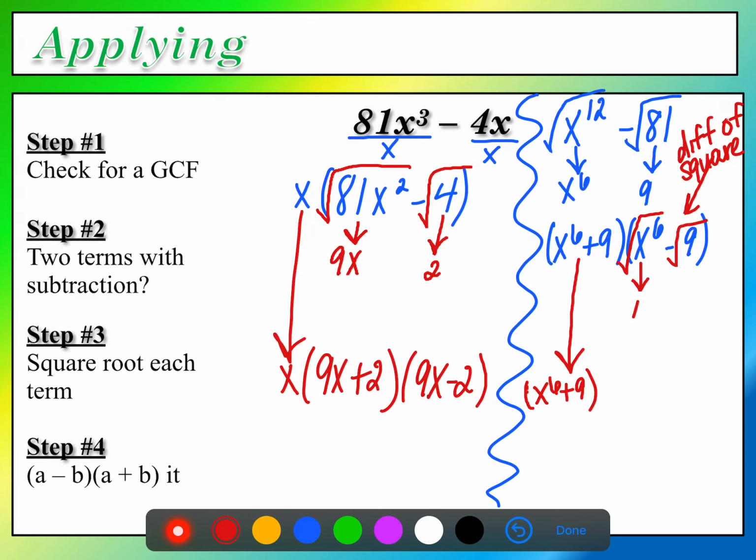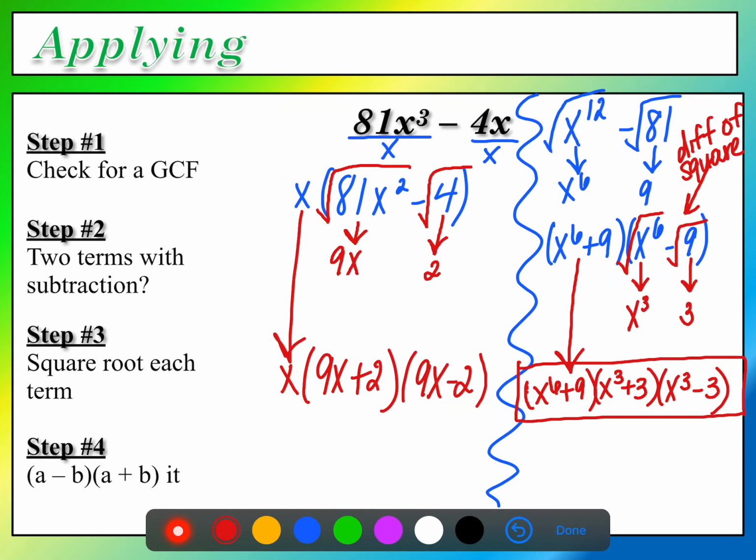I can square root each of these terms: x cubed, and this is now a 3. And now I can do my formula on those terms. This only works when every part of that parenthesis is a perfect square again.